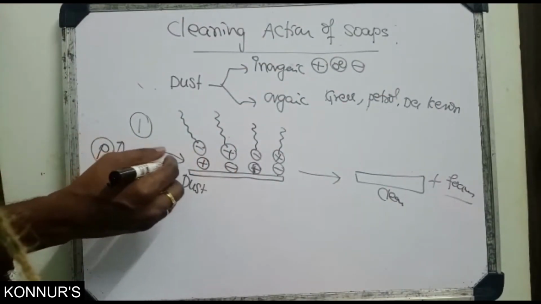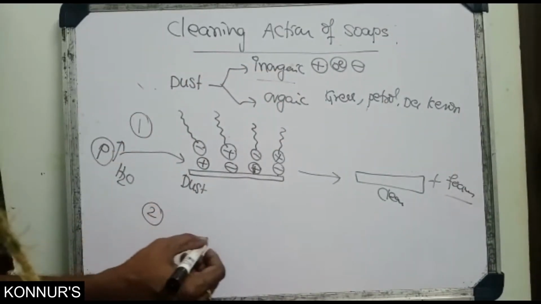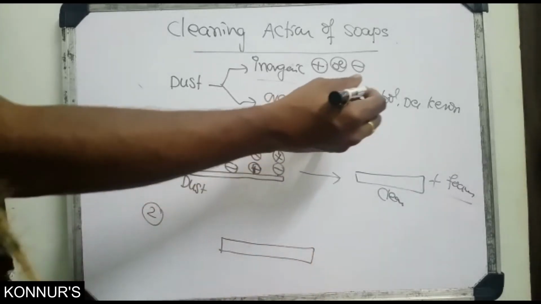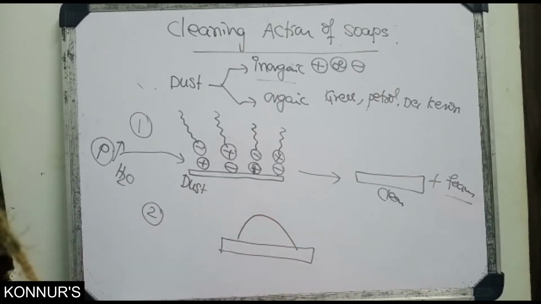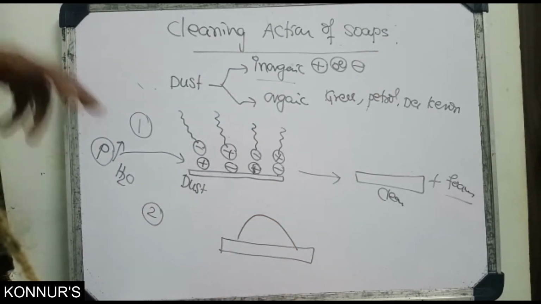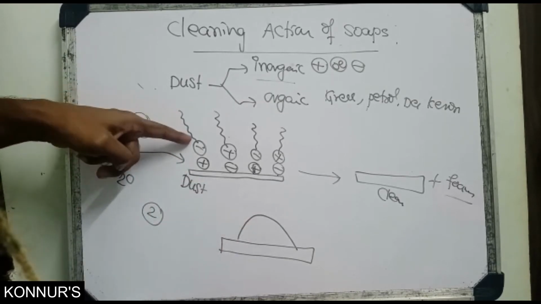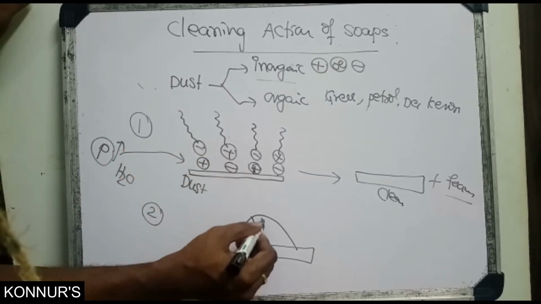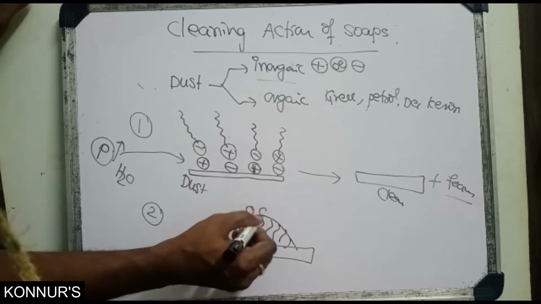This is inorganic dust. Suppose organic dust: the grease particles and petrol are stains on the cloth. This is organic, and this hydrocarbon chain is also organic. So when soap is added, all the chains go inside, hydrocarbon attracted with hydrocarbon.